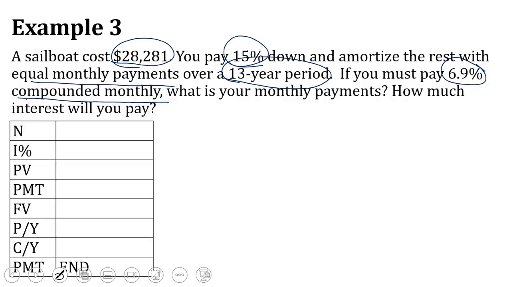So that's part one. And then how much interest will we pay? All right, so we pay 12 months over 13 years. Our interest is 6.9%.